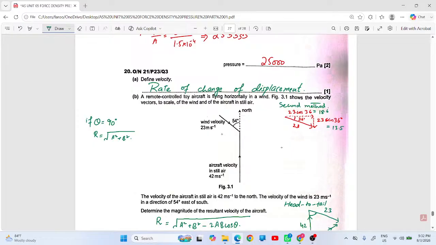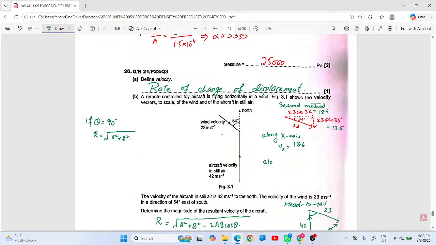Okay, now we make the components. The sum of velocities along the x-axis, let me write, along the x-axis. What velocities are there? We just have one component which is 18.6. This is the velocity along the x-axis because the aircraft is only moving along y, not along x.